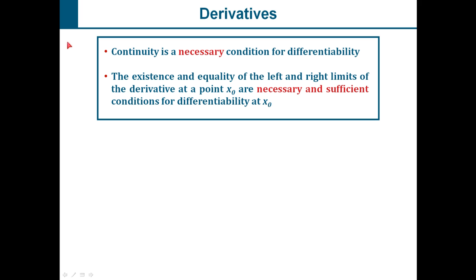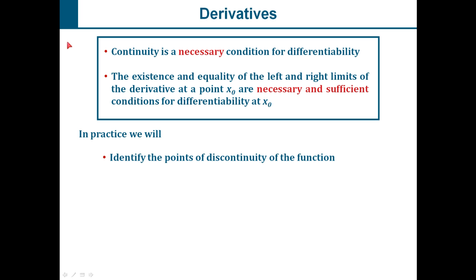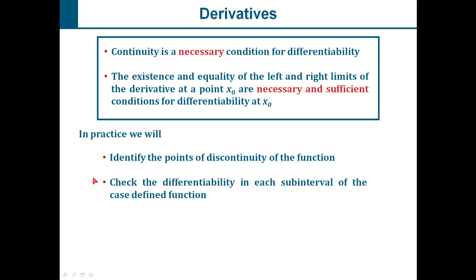Given these two results, in practice we will first identify the points of discontinuity of the function. Those points will be for sure points where the function cannot be differentiated, since continuity is a necessary condition for differentiation. Then we will check the differentiability of the case-defined function in each subinterval.